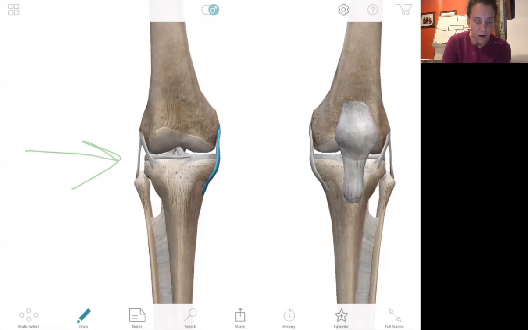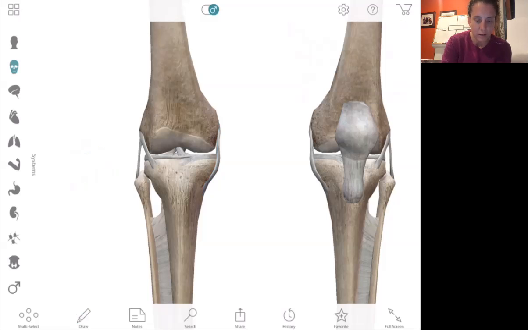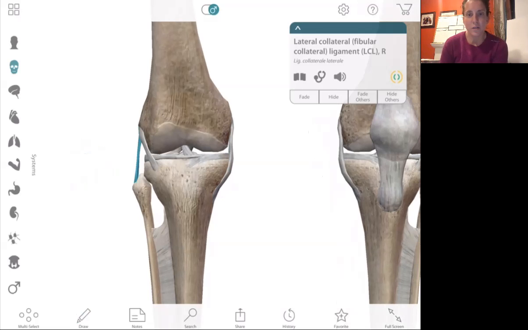On the opposite of that, we have the lateral collateral ligament, which is here. I can tap on them. There we go. The lateral collateral ligament is less likely to get injured in a direct hit because we're protected by our other knee.